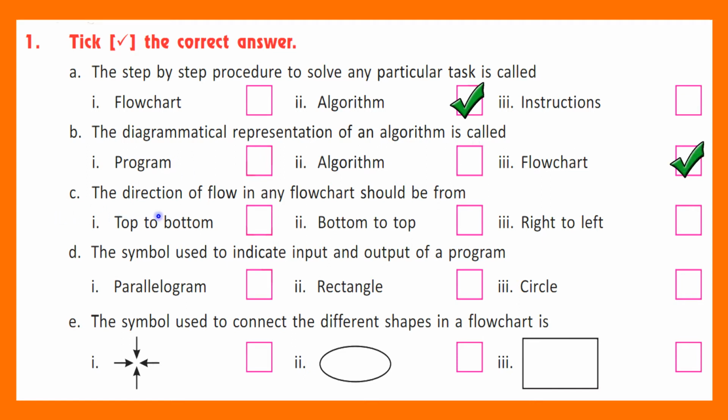C. The direction of a flow in any flowchart should be from top to bottom. D. The symbol used to indicate input and output of a program is parallelogram. E. The symbol used to connect the different shapes in a flowchart is flow lines, or also known as arrows.